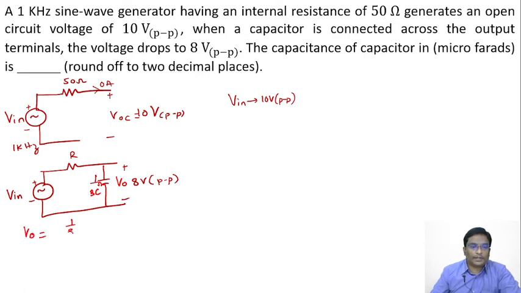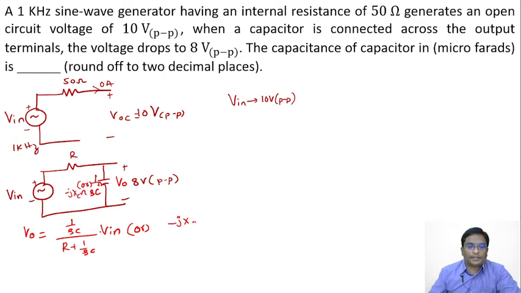The impedance 1 by S into C divided by the total impedance, into the total voltage Vin. Or suppose the impedance is written as minus j XC ohms, then this can be written as minus j XC by R minus j XC into Vin. This is your V naught.